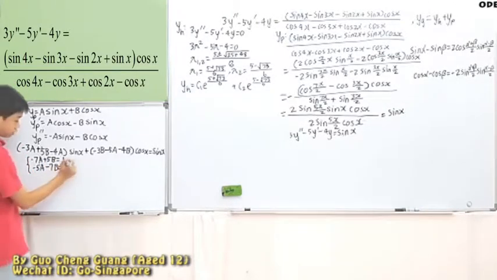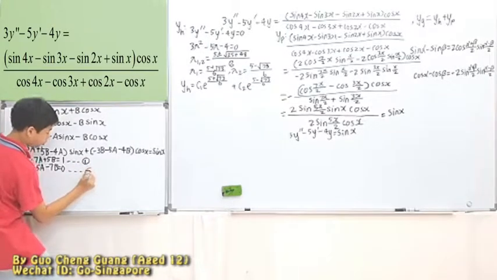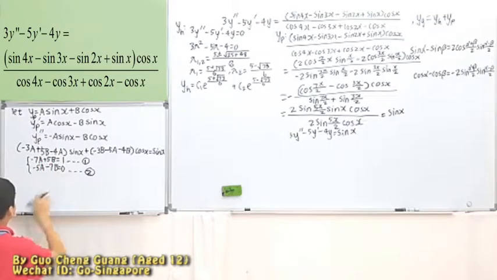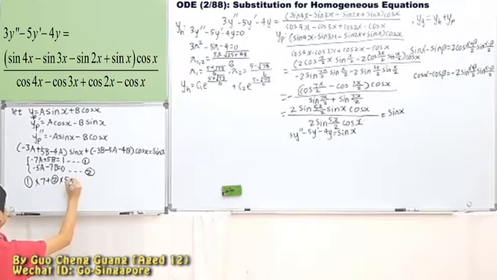Then you can just call this equation number 1, equation number 2. Okay? Equation number 1 times, well, what can you have? Times 7. Then add on to equation number 2 times 5. What do you get here?